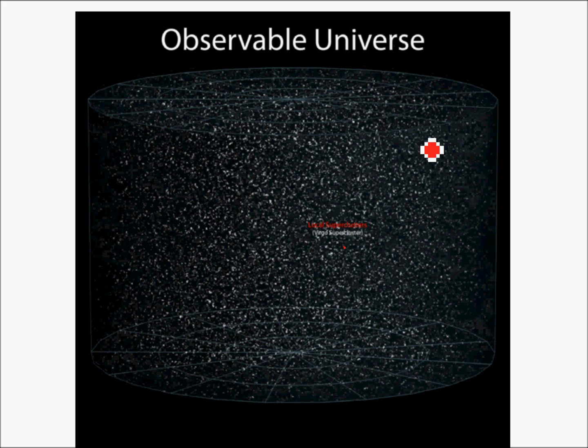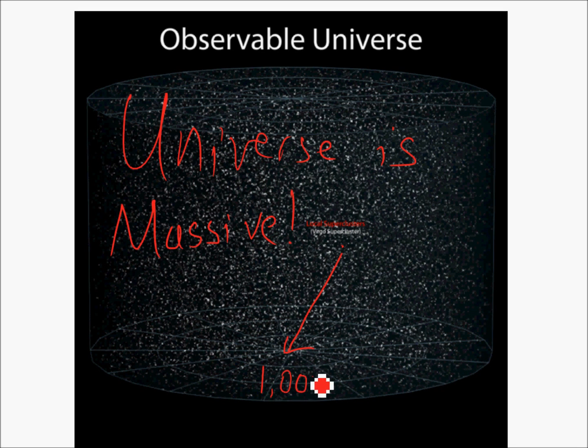And the observable universe is billions of galaxies in all directions, and some of them, the furthest ones we see, are actually on the scale of billions of light years away. So the universe in our perception has just got massively bigger and bigger and bigger, and it's just crazy how big it is.